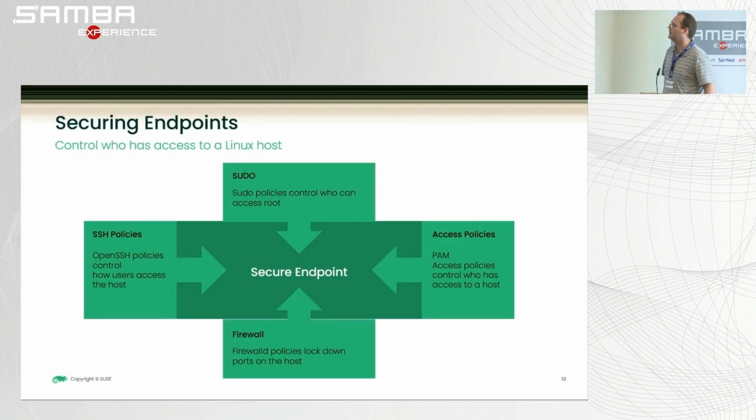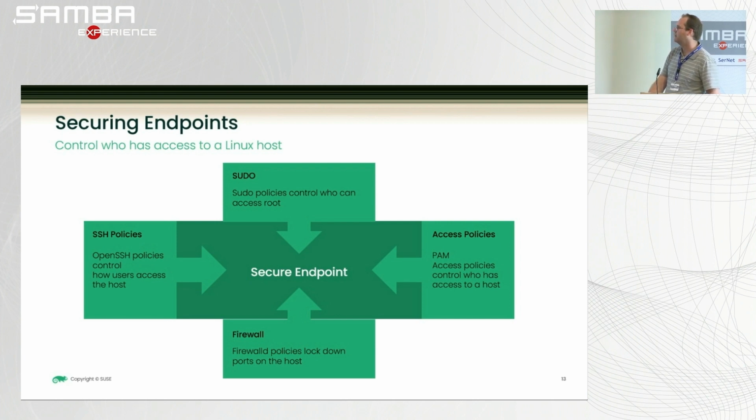So use cases. I wanted to point out the security implications of group policy. It allows you to control who has access to your Linux host. So for example, the first one we've got here is SSH policies. By controlling access to the SSH server, administrators can limit who is able to connect to the host and reduce the risk of unauthorized access.